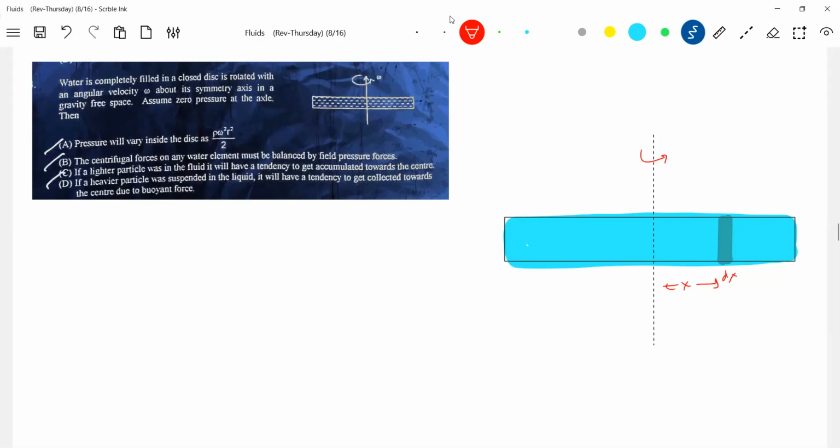So it's the simplest idea. This liquid will have a density rho. So for the mass dm, omega square r will act. And because of this, the pressure at this particular point, if it is P, this will be P plus dP, into area.